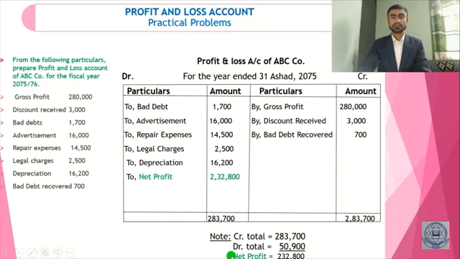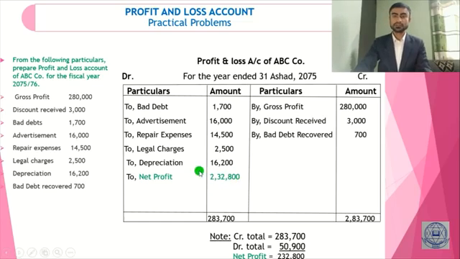That amount is the balancing figure, to make debit equal to credit. Whatever amount is needed to balance the two sides, that will be called the net profit on the debit side or net loss on the credit side. Here the amount is insufficient on the debit side, so we write that amount 2,32,800 on the debit side, and it is called the net profit.